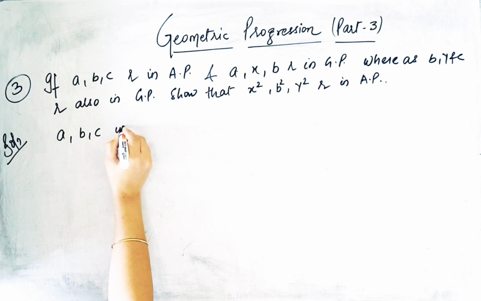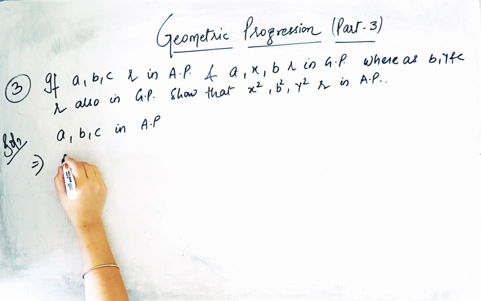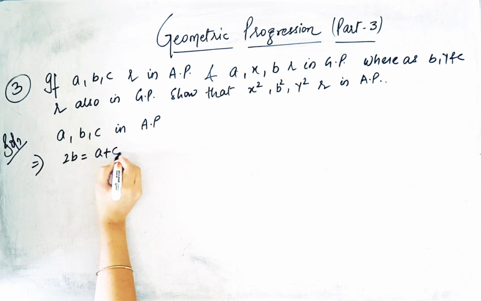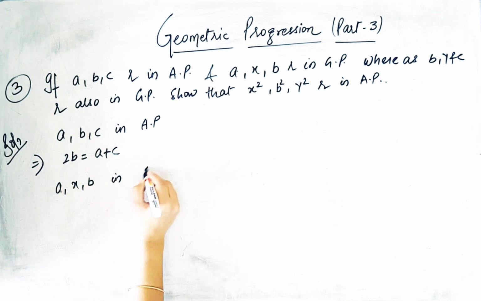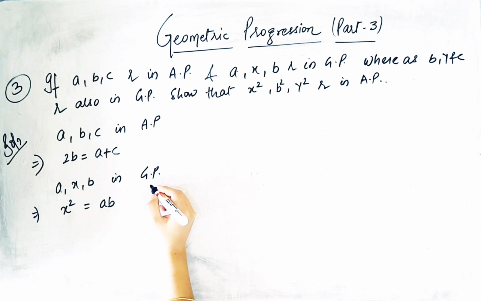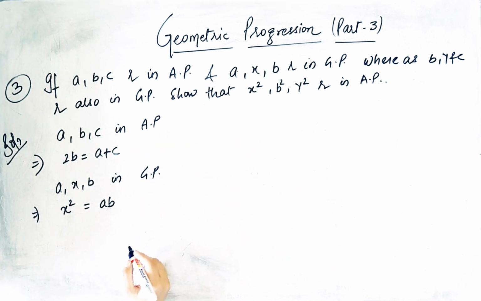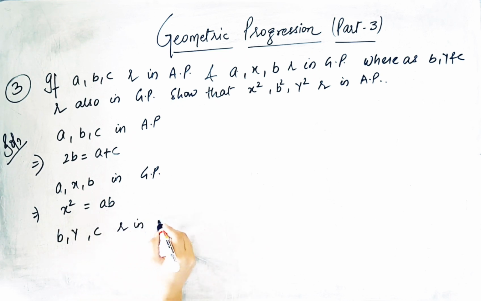A, B, C in AP means 2B equals A plus C. A, X, B in GP implies X square equals AB. This is the condition of GP and the first is the condition of AP. Third, B, Y, C are in GP, that means Y square equals BC.